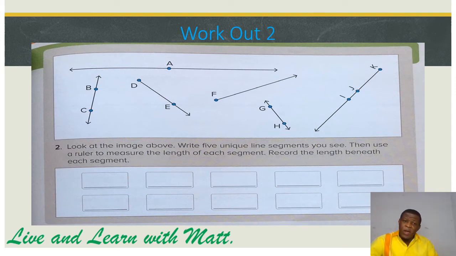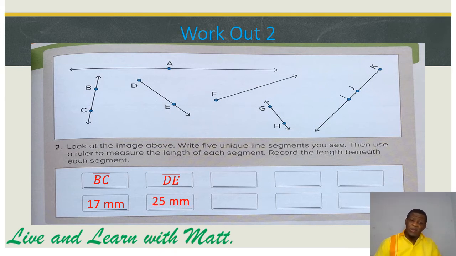Now number 2, look at the image above. Write 5 unique line segments you see. Then use a ruler to measure the length of each segment. Record the length beneath each segment. So we can see line BC, and it is 17 millimeters. Next, line DE, and it is 25 millimeters.